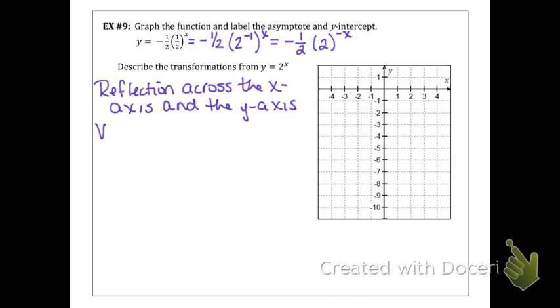The 1/2 is a vertical dilation by 1/2. And then 2 is just my base. So I know we wrote this earlier. I'm going to rewrite it on this one so I can see it.